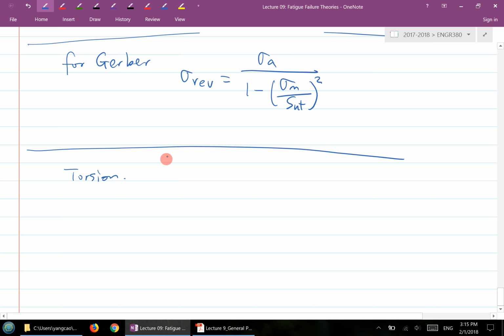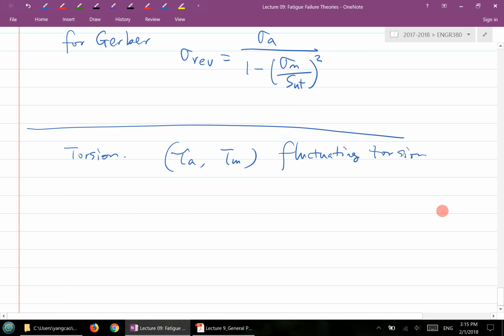And actually it's fluctuating, so instead of sigma A, sigma M, it's tau A, tau M. So fluctuating torsion here. That's another simple example. We don't need to rederive everything.